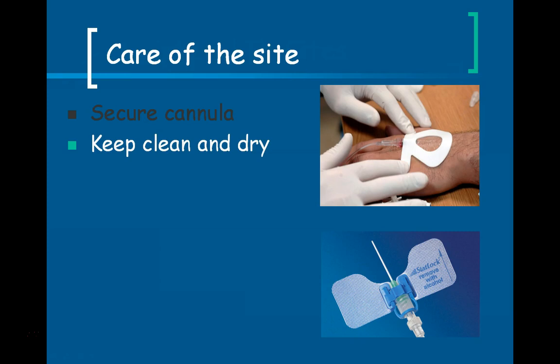However, if it does become wet underneath or starts leaking, we can take the old dressing off and put a new one on. A clear dressing is preferable, like in the picture on top, so that we can assess the site and see what it looks like. So very seldom do we put a gauze dressing over an IV unless it's very short term.